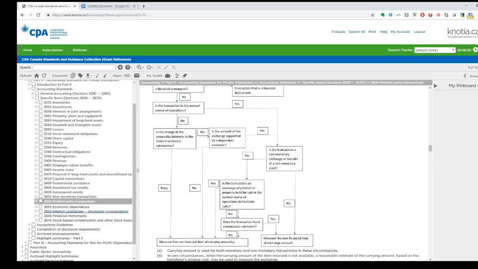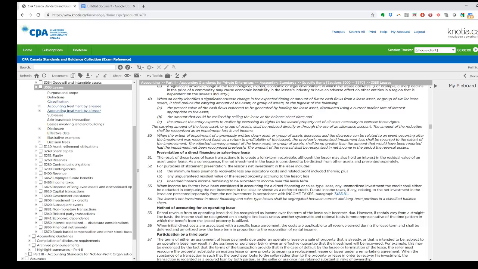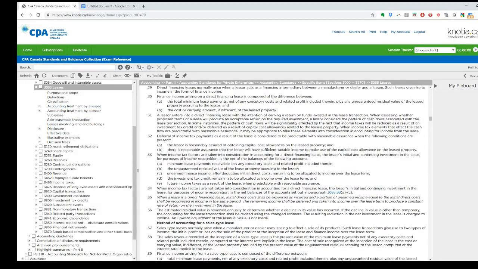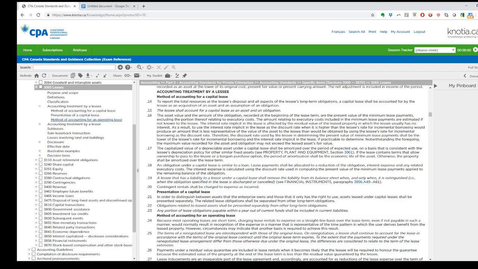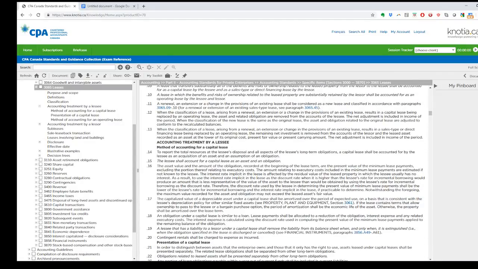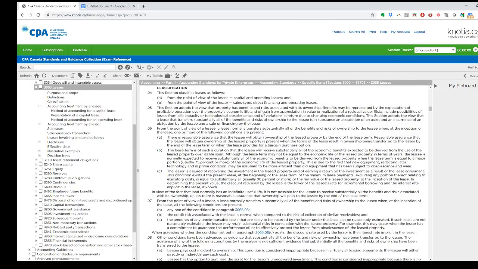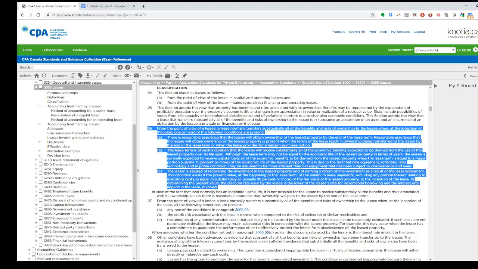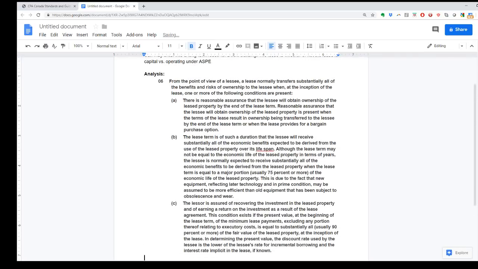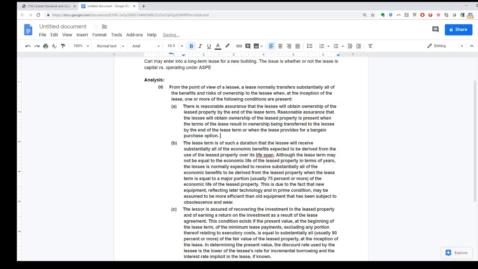So the guidance says here. Okay, and then Carl has the option to buy out the building at the end of the lease for $1.